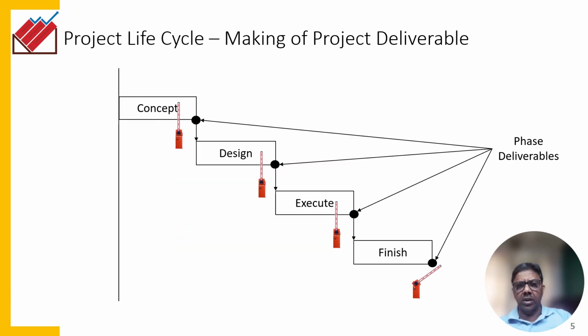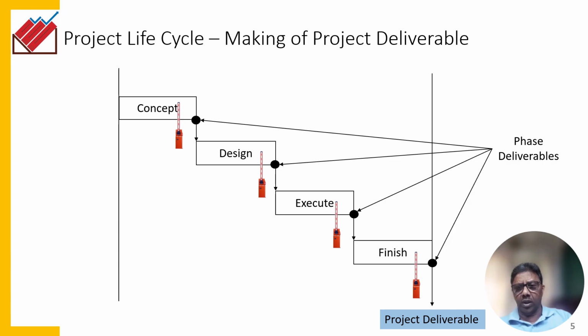So as you see here, at every phase end, you are giving a go ahead to the project. Now, this particular point where you are giving the go ahead to the team is called the toll gate. And unless you get an approval, you can't move on to the next phase. Now, these points are also called phase exit points because you may take a call to move on to the next phase.